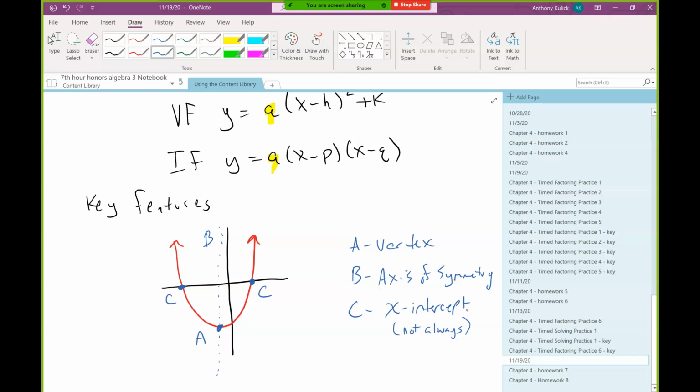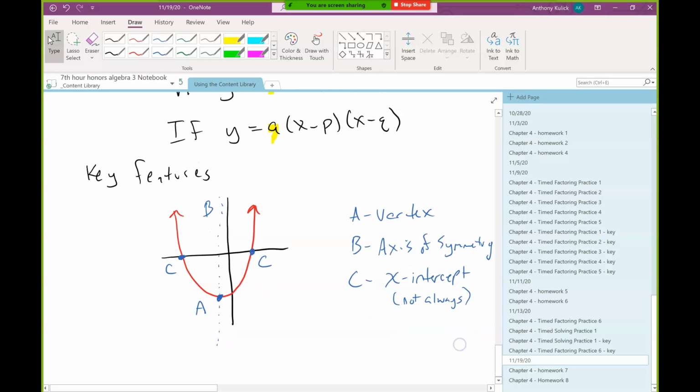In the case where it had no x-intercepts, imagine the vertex is above the x-axis and the graph opens up. Then the graph is already above the x-axis, and if it's just going upward, it can't ever intersect the x-axis, right? So we don't always have x-intercepts.